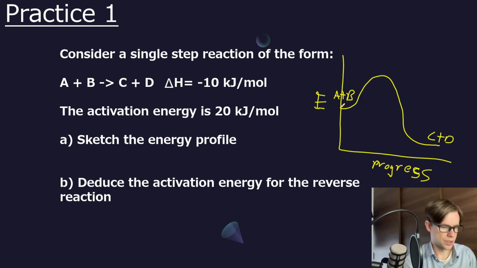And we can draw a couple things on here. These are the energies of the products versus reactants. So we have delta H is minus 10. And we have an activation energy, which is from the reactants up to this highest point.